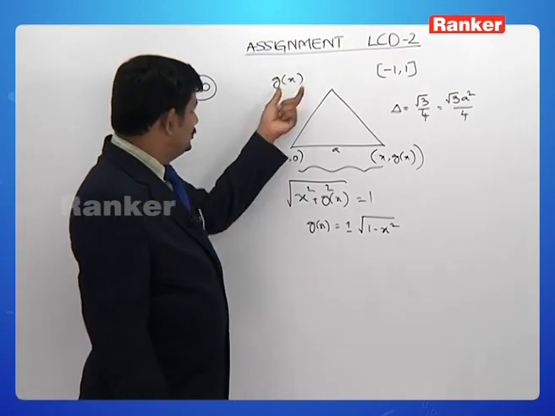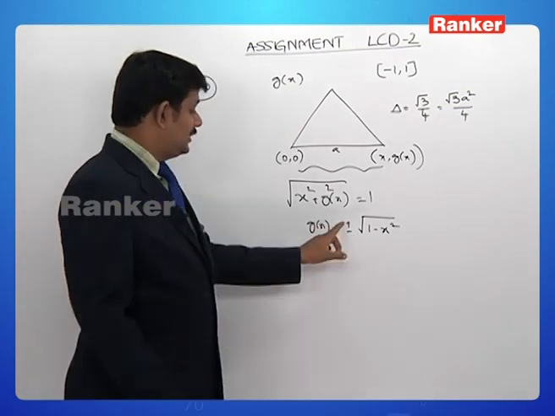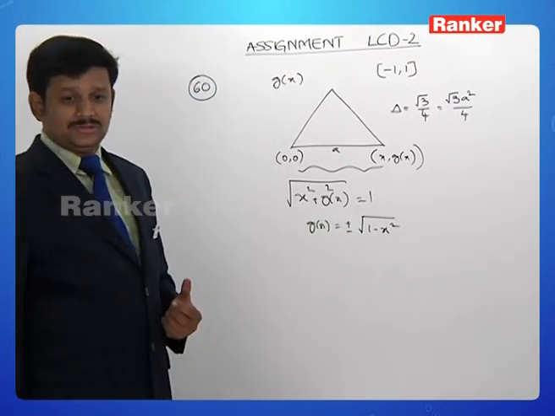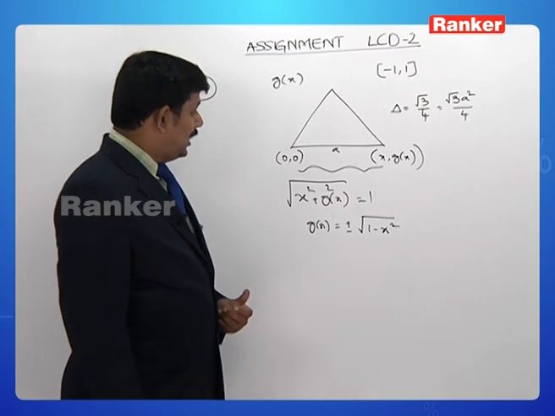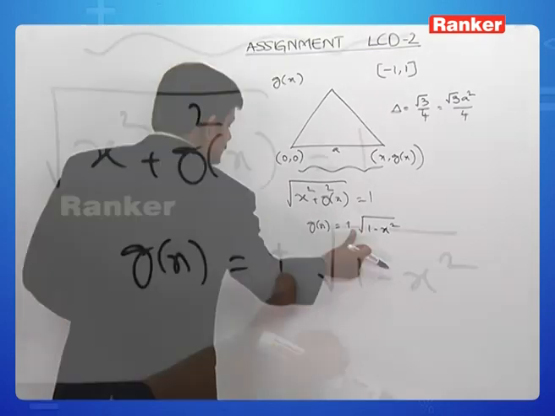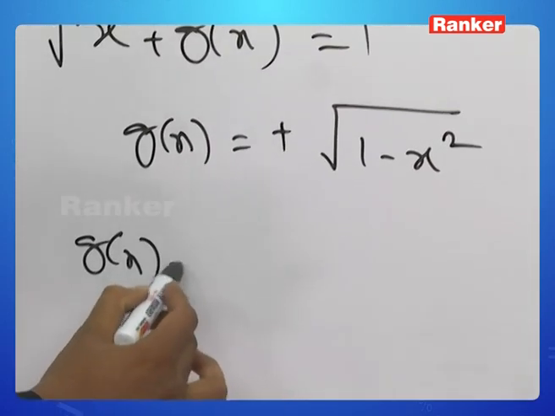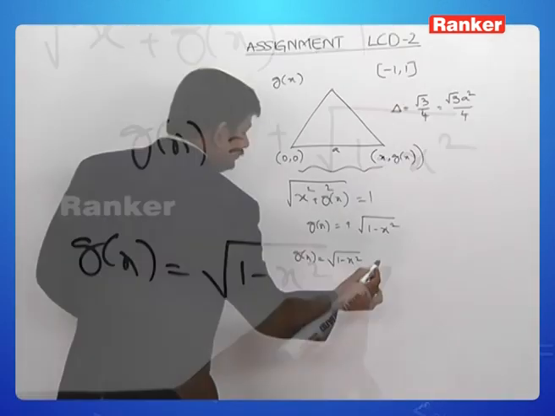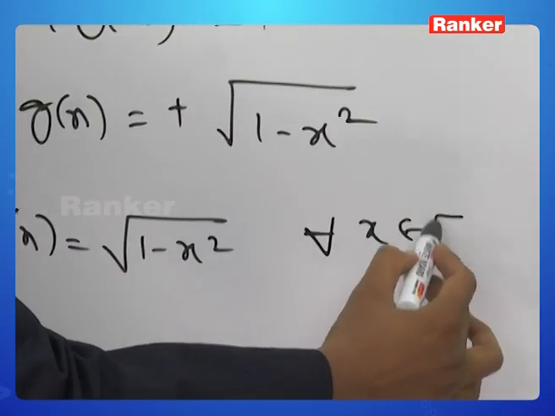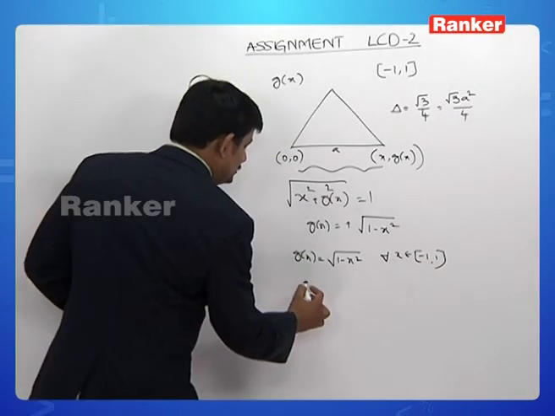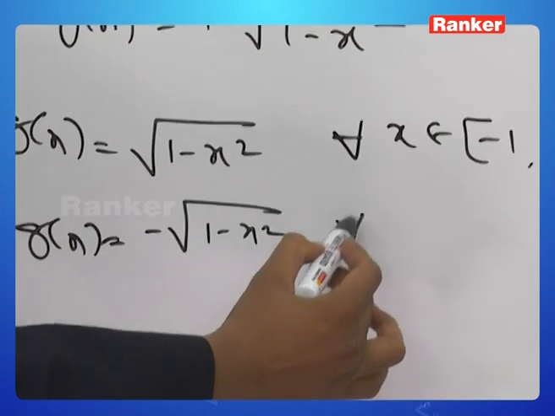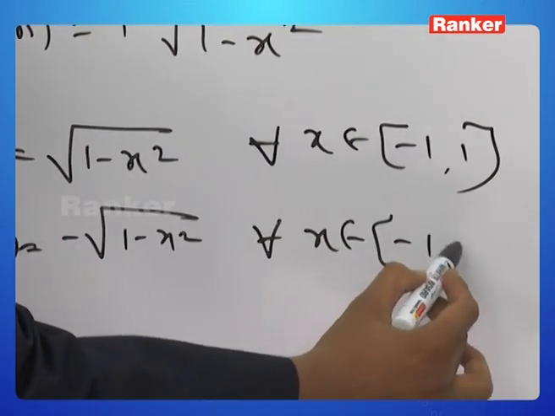Because g of x is a function, there cannot be ambiguity. Either it has to be plus or it has to be minus. Assuming g of x is a continuous function, g of x has to be either root over 1 minus x square for all x belonging to minus 1 to 1, or minus root over 1 minus x square for all x belonging to minus 1 to 1.